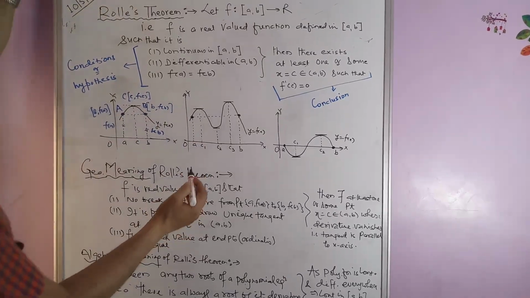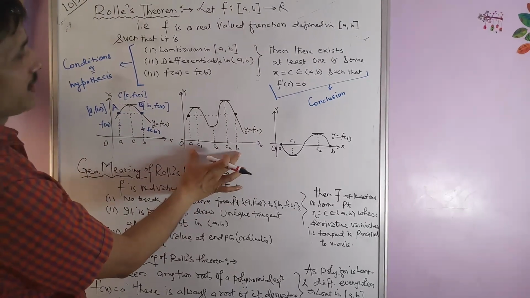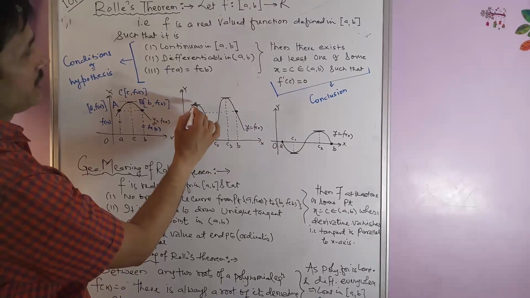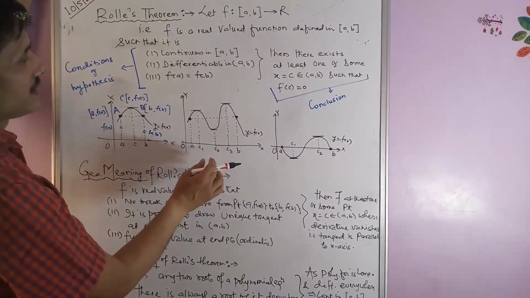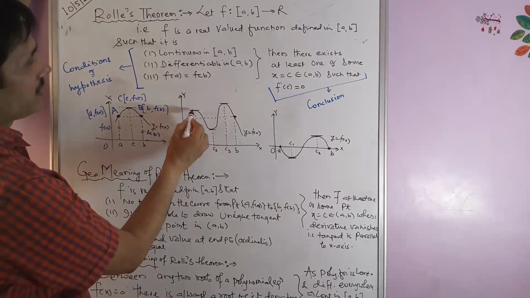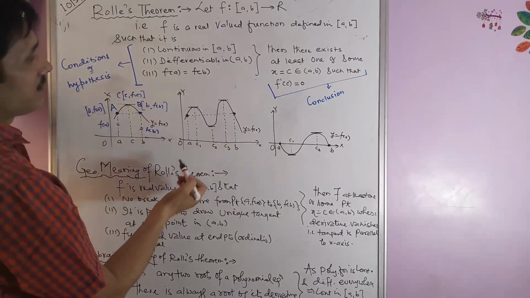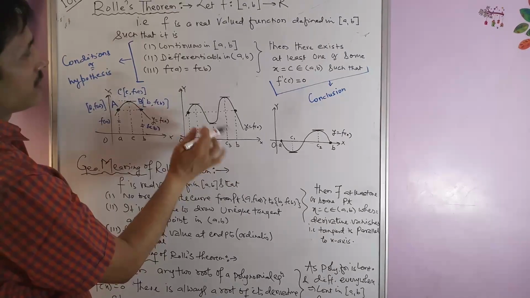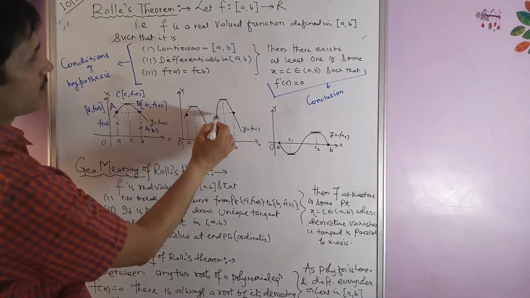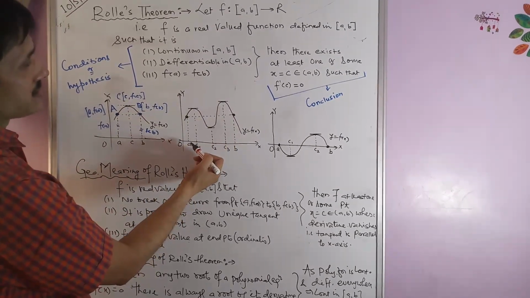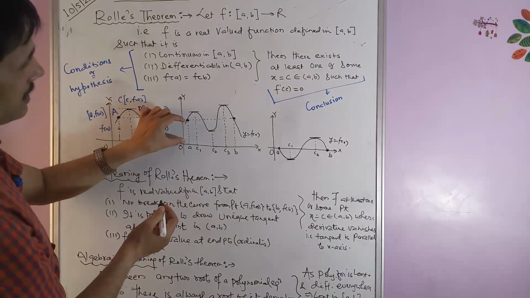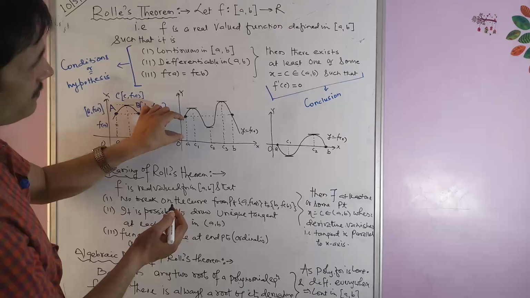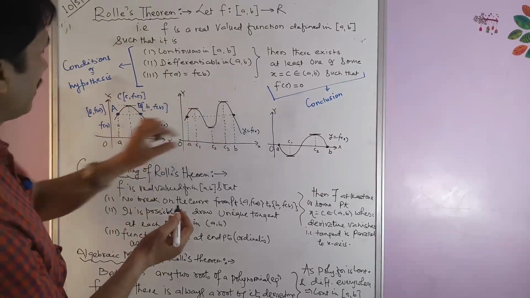In the second figure, from a to b, we have a graph y equal to f(x). From this point to this point, the function is continuous. From a to b, there is no corner point, so it is differentiable, and at the end points this height and this height, that is f(a) equal to f(b), are equal.